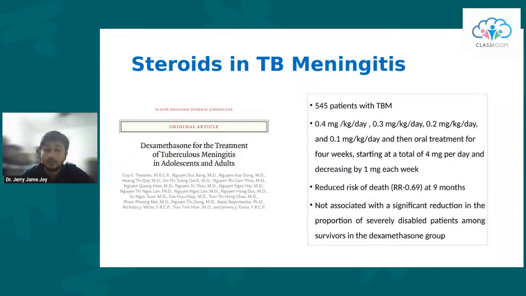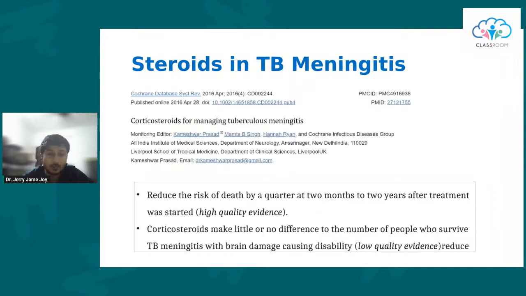The observation was a reduced risk of death at 9 months, and it was not associated with a significant reduction in the proportion of severely disabled patients among survivors in the dexamethasone group. A Cochrane review in 2016 also reaffirmed that dexamethasone has a mortality benefit.